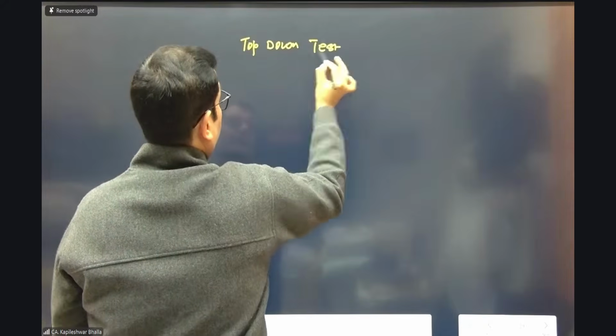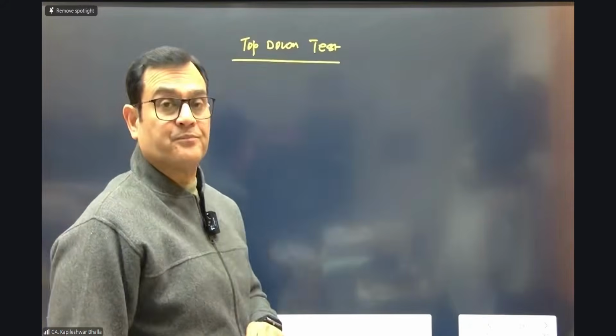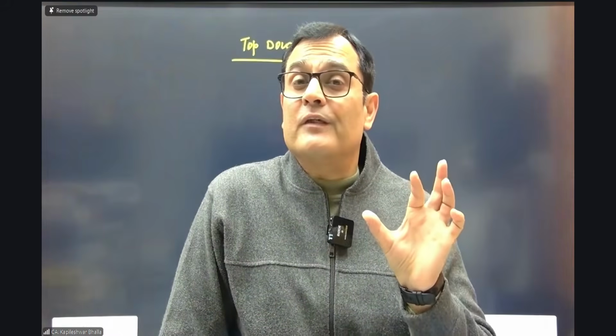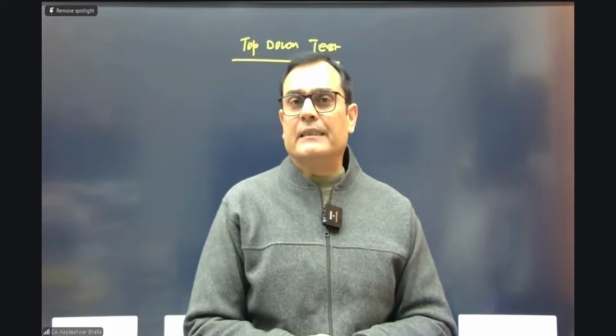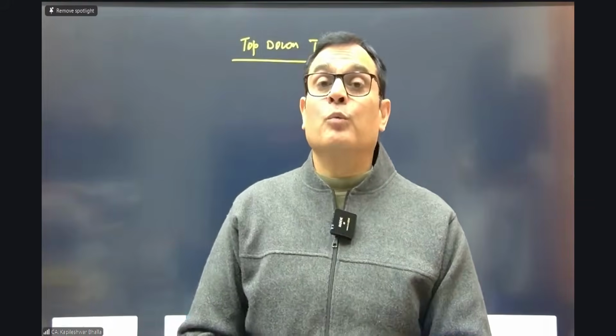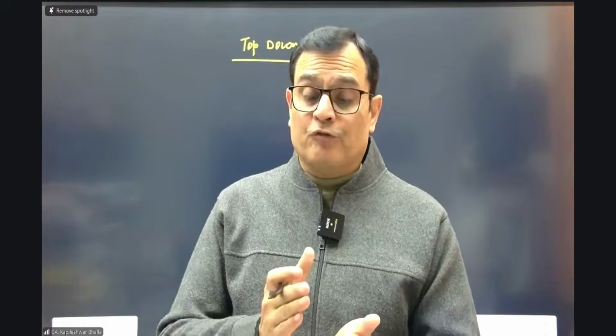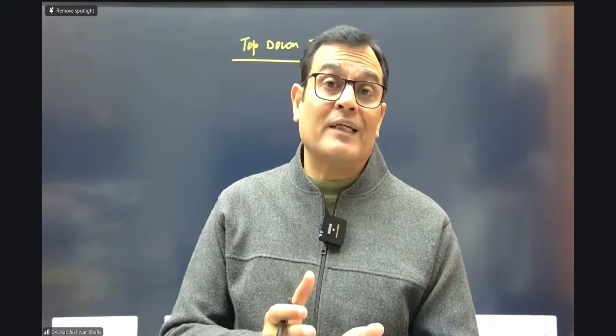Now, when you're conducting a top-down test, we need to be careful. You need to consider the revised values of ABC. You need to consider the revised value of the building. And you need to consider the book value of the research center. Whatever impairment losses have been identified in terms of the bottom-up test, we're going to consider the revised value. So for ABC, we consider the revised value.